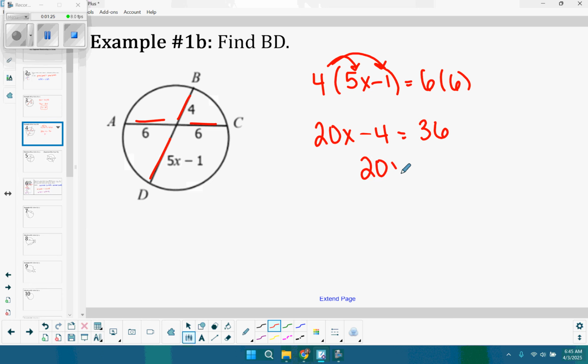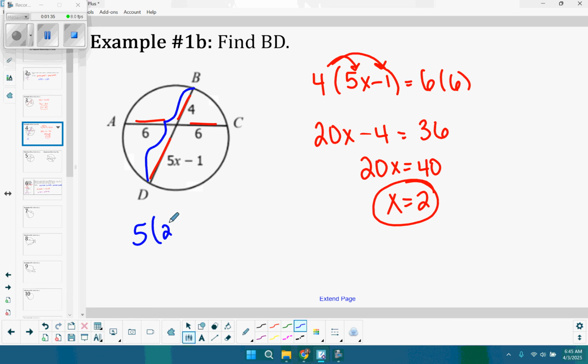Add our 4. So 20x is 40. Divide by 20, x is 2. And for BD, that's both of these parts together. So that's 5 times 2 minus 1, plus the other part of 4. So 9 plus 4, BD would be equal to 13.